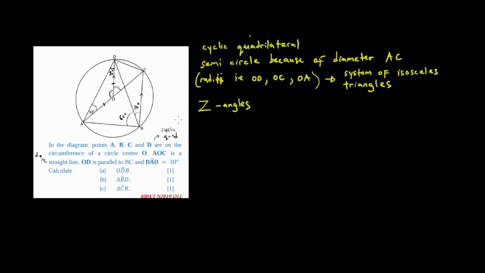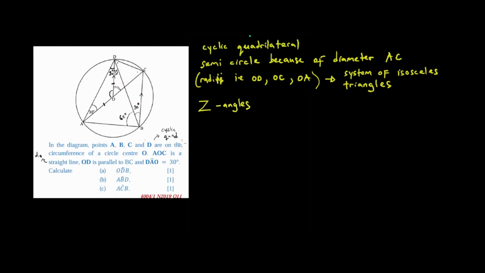Then the other thing is OD, then the transversal line is BC. It means this 30 degrees here is also going to be 30 degrees there, and that is so because of Z angles. That is so because of Z angles. Okay, so we filled in what we saw obviously.